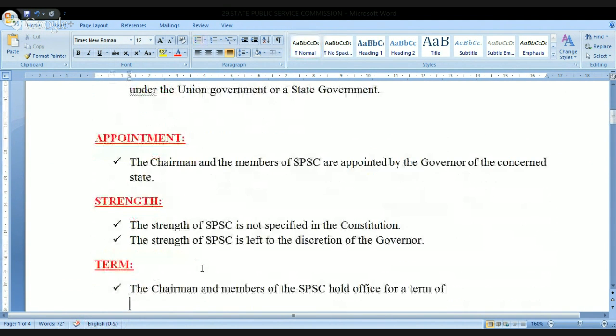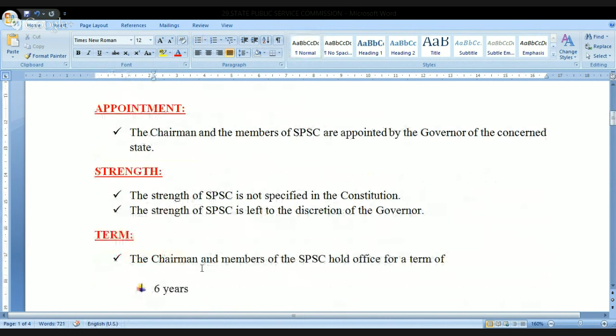The appointment is done by the governor. The chairman and all other members of the Public Service Commission at the state level are appointed by the governor of the concerned state. The strength of the State Public Service Commission is not specified in the Constitution, and the strength is left to the discretion of the governor.